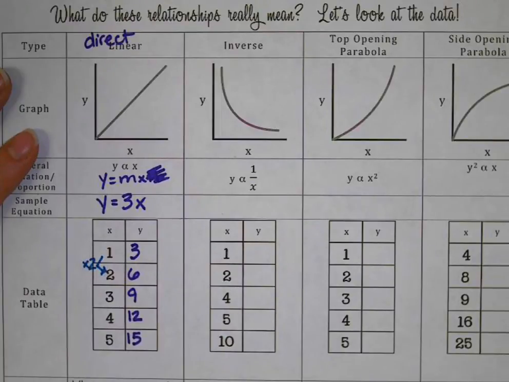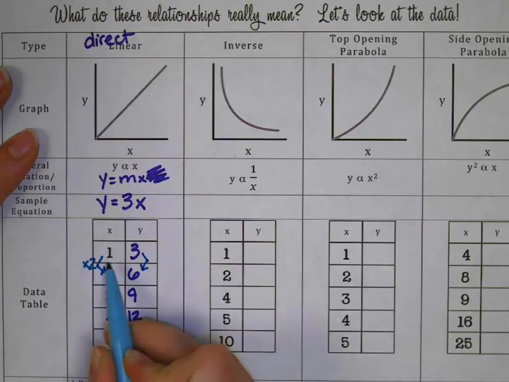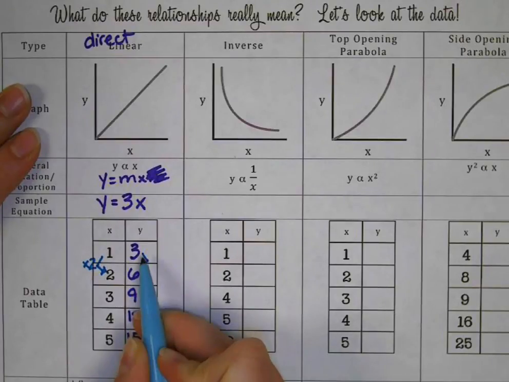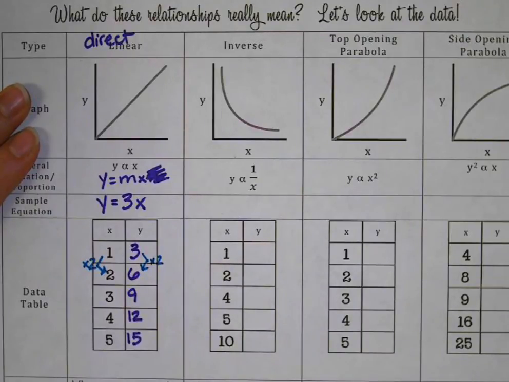Now it's a reminder, factor means multiplication, so changing by a factor of 2 means it was multiplied by 2. I then look at how my y value changed. Now my y value went from 3 to 6. So from 3 to 6, how did I get there? I had to also change by a factor of 2.